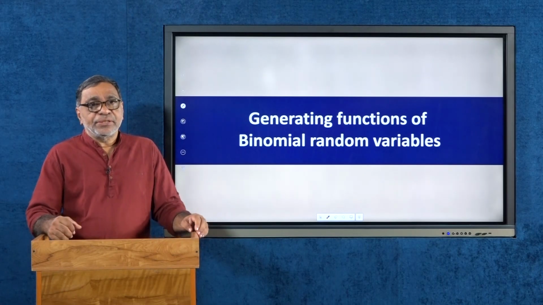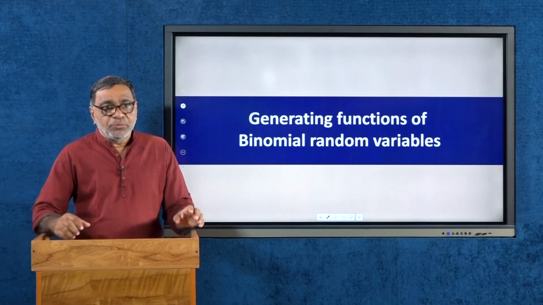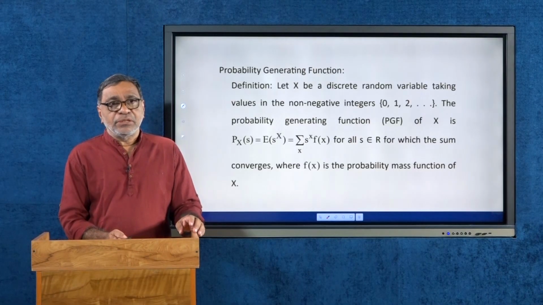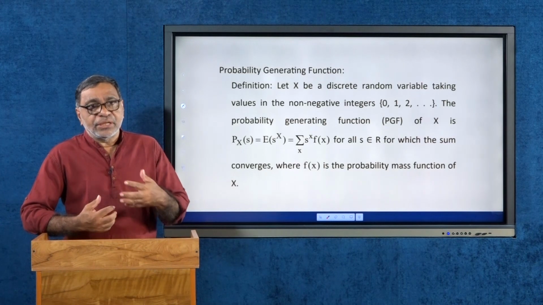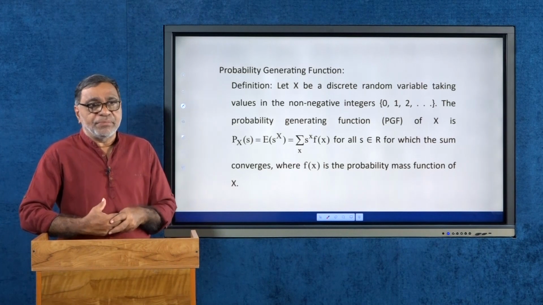First, we consider the probability generating function. What do we mean by probability generating function? The probability generating function is actually a function which generates probabilities corresponding to the random variable.